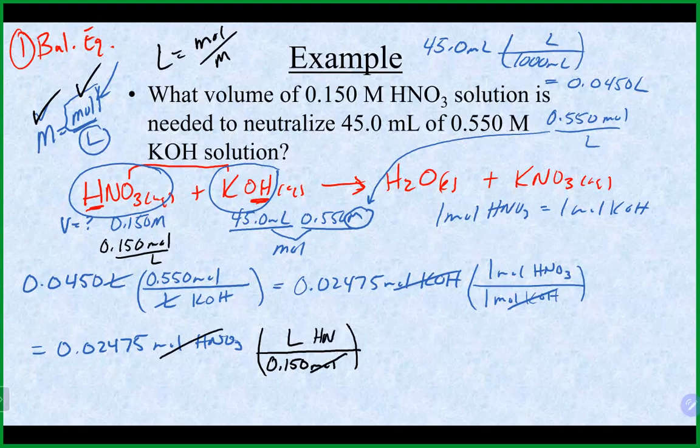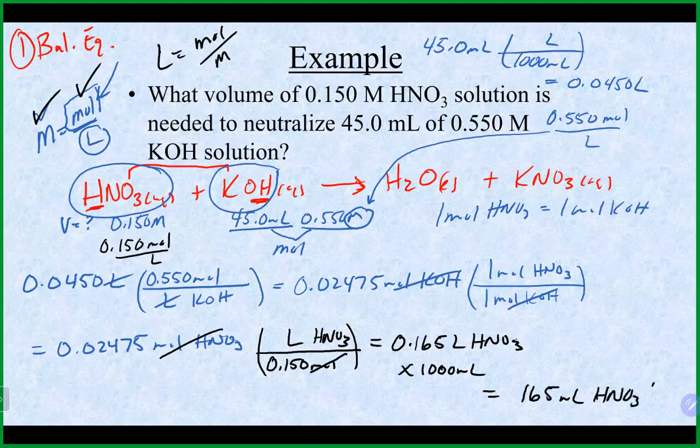And that will give us liters of our nitric acid, which is about 0.165 liters of nitric acid, which if we multiply by 1,000 would get us about 165 milliliters of nitric acid is needed here to neutralize this.